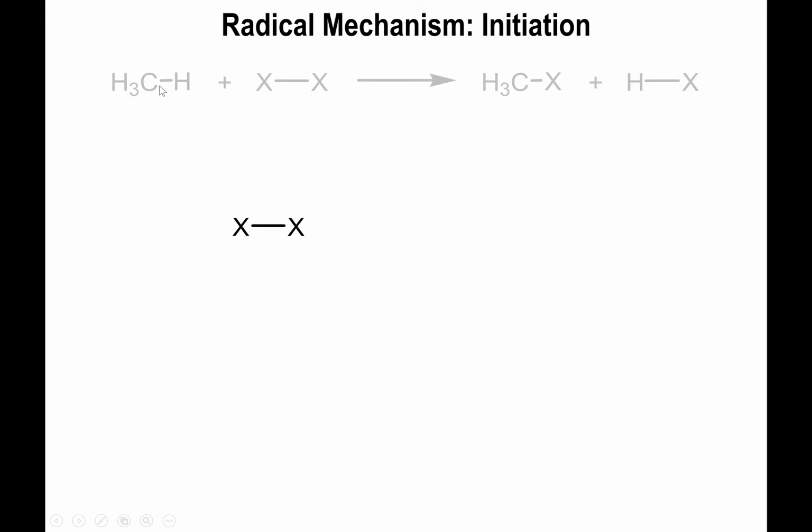And between a carbon-hydrogen bond and a halogen-halogen bond, we've already established that because of the size of hydrogen and the length of this bond, the carbon-hydrogen bond is a lot stronger than the halogen-halogen bond. So we expect the halogen-halogen bond to be the one that creates the radicals in the initiation step.